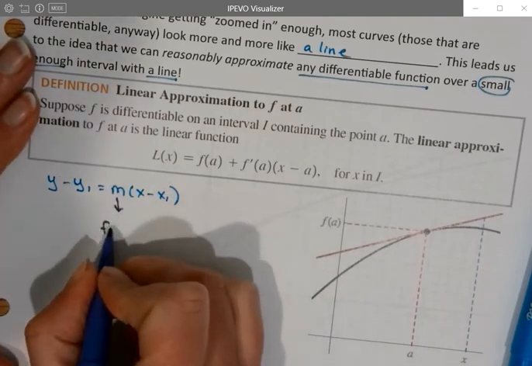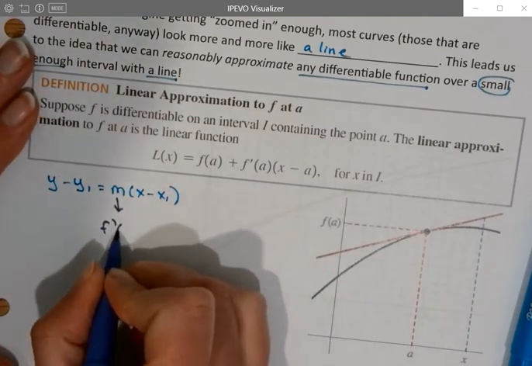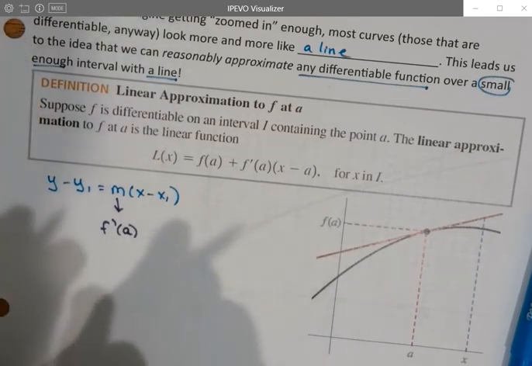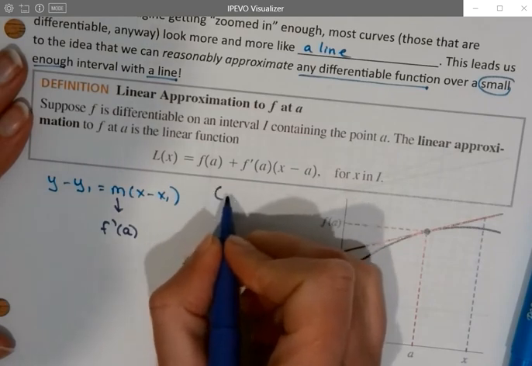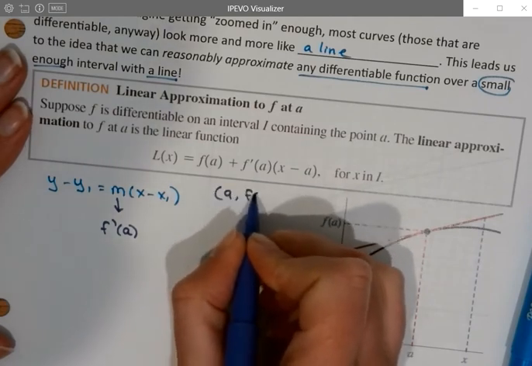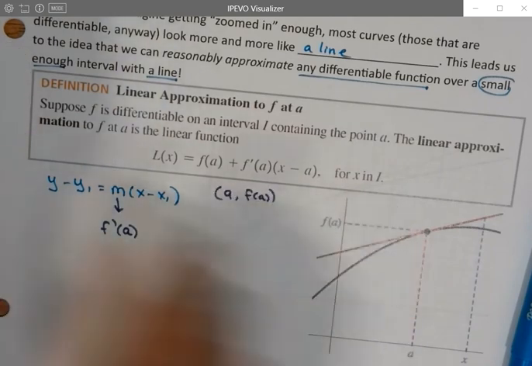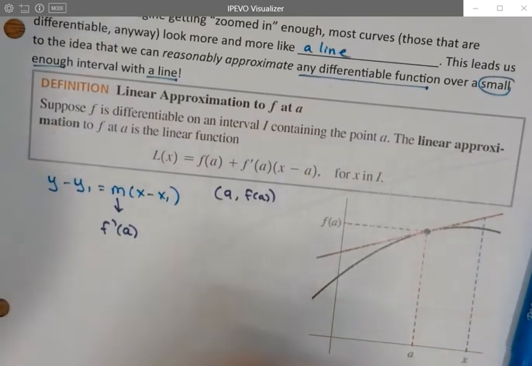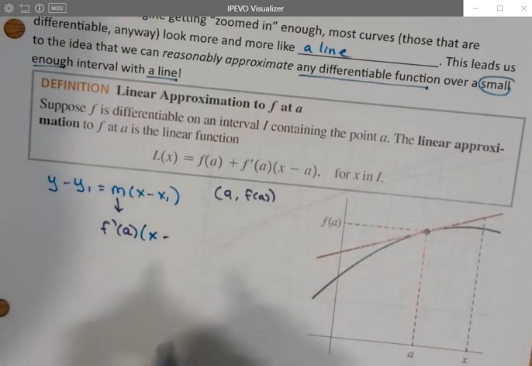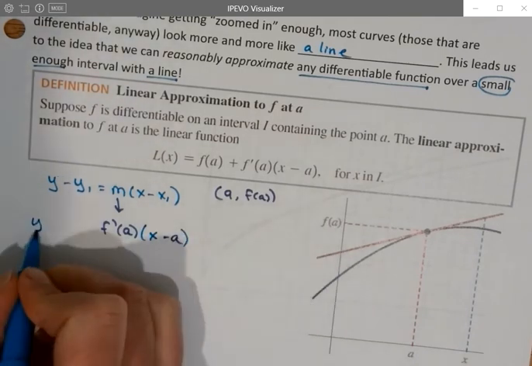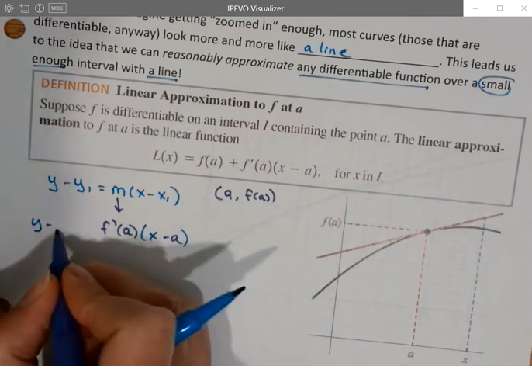So if we have f prime of a, that gives us the slope. And if our point, instead of x1, y1, is just a, f of a, then this would look like y minus f of a equals f prime of a times x minus a.